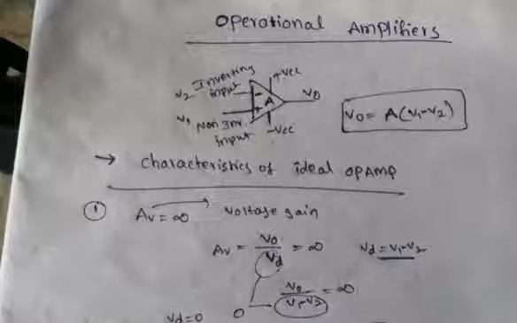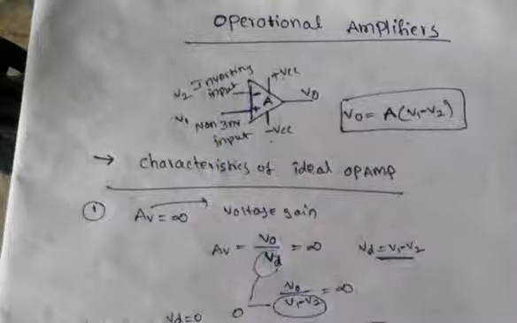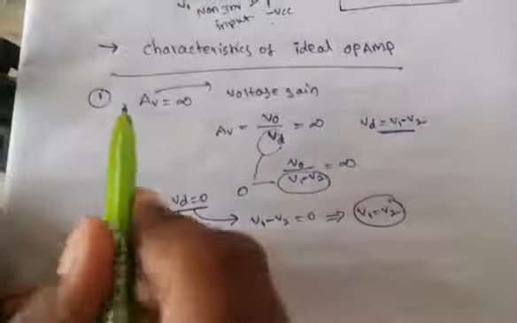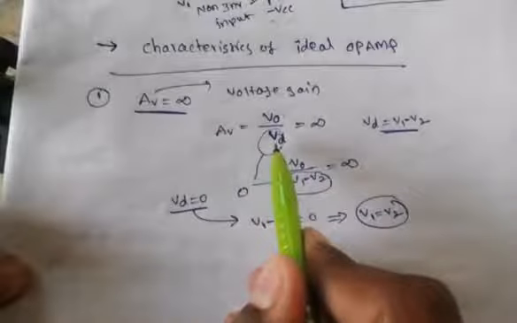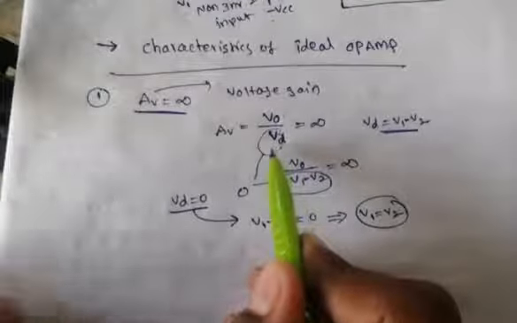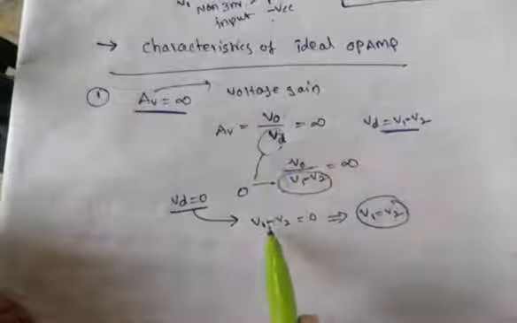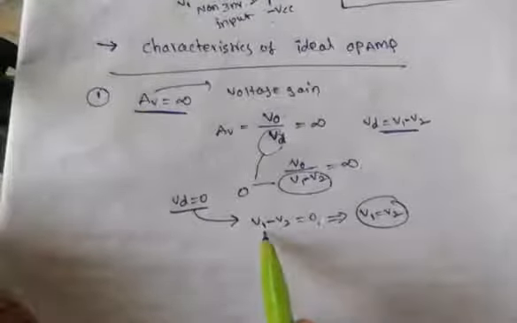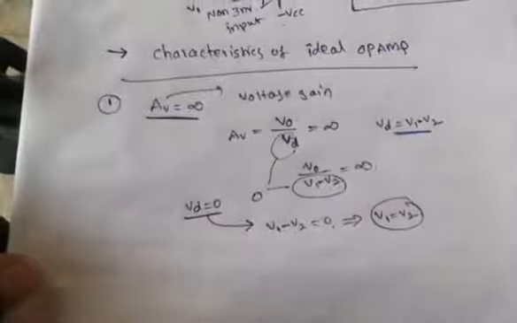You have to state that point: if the voltage gain is infinity, the differential voltage in the denominator is 0, meaning the difference between the two input signals is 0, so the two potentials are equal. We have to analyze this point.